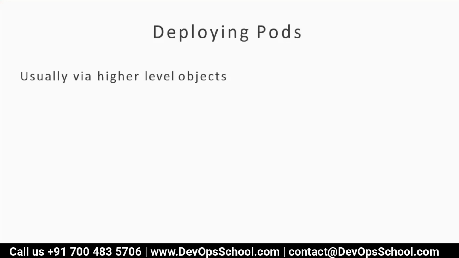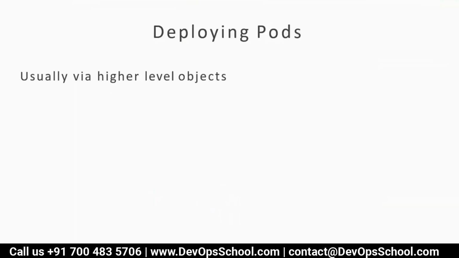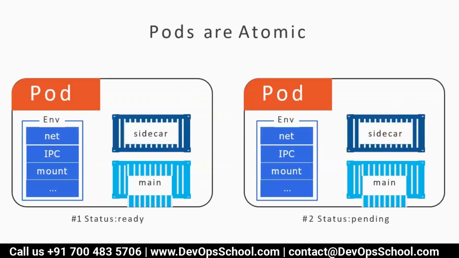Whatever used to get assigned to the container, now it will get assigned to the pod. Which namespaces will get assigned? Net namespaces, IPC namespaces, and mount namespaces will get assigned to the pod, and anything assigned to the pod will be accessible by the container also.